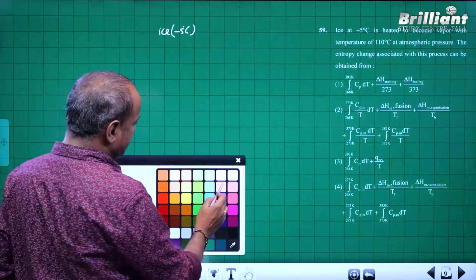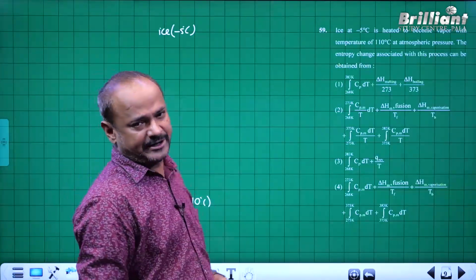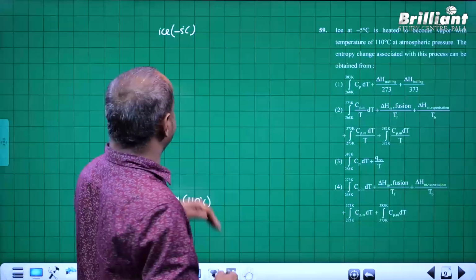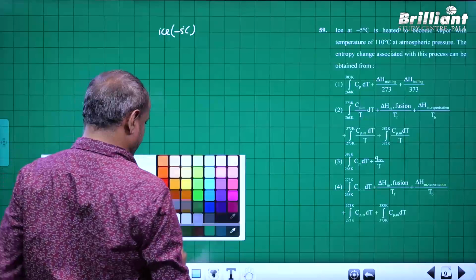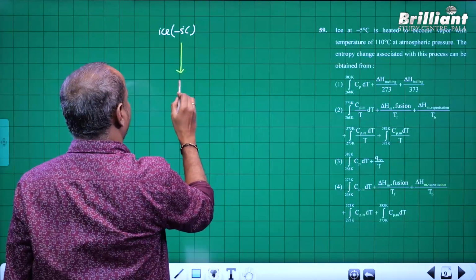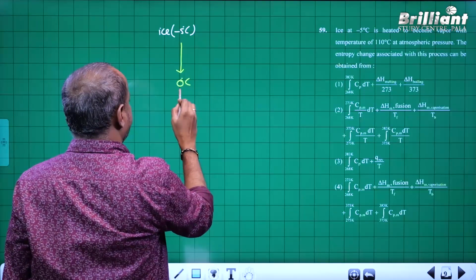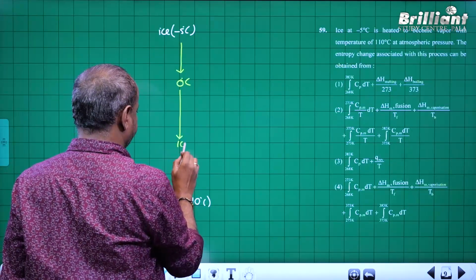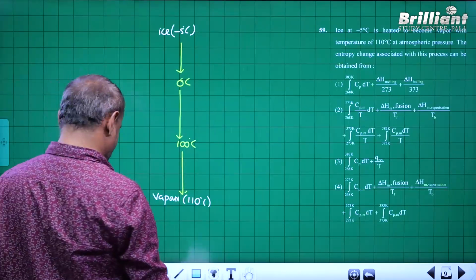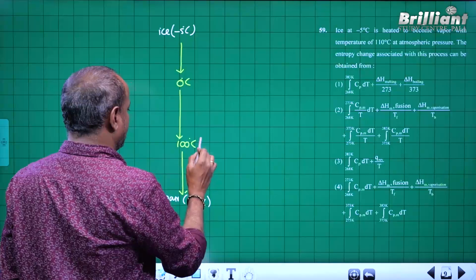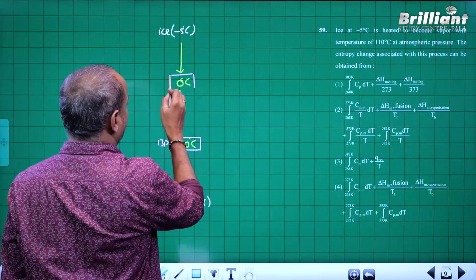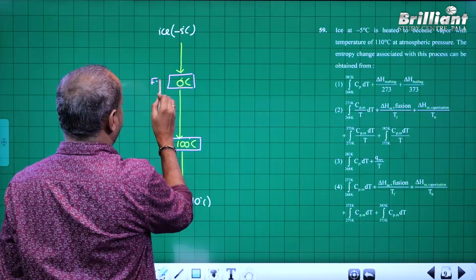So this is passing through the boiling point and freezing point. Boiling point is 100 Celsius, freezing point 0 Celsius. So minus 5 degrees to 0, 0 to 100, 100 to 110. 100 is called the boiling point, 0 is called the freezing point.